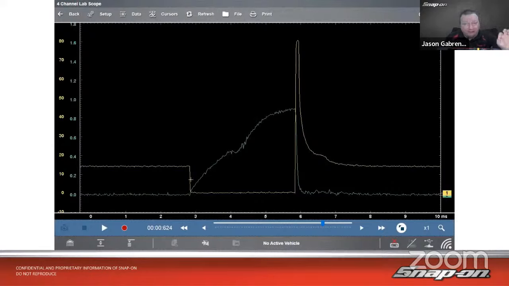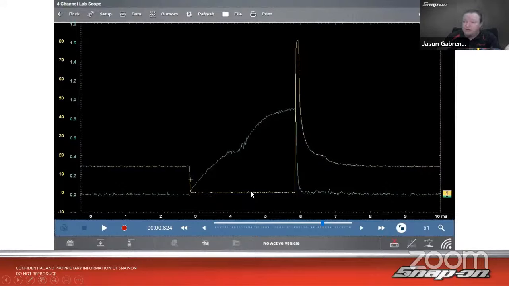So I have constant power, and if I back probe at the injector, we'll see constant power, about alternator volts, about 13. Now, when it turns on, that is where we see it pulling down to ground, because that is the injector driver grounding the circuit. It's causing current to flow through. So I should see about ground here, which I do.